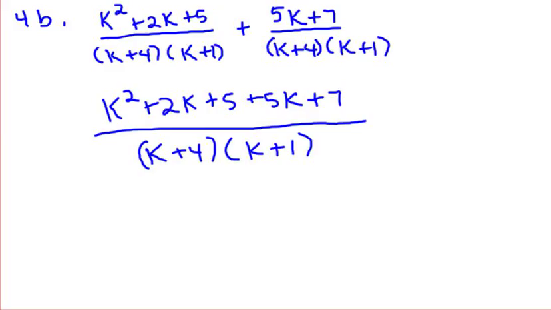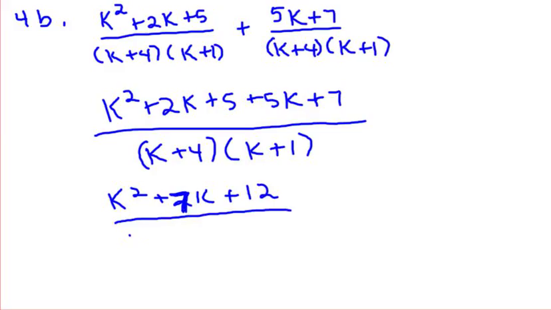So here I need to collect my like terms, which gives me k squared plus 2k. Whoops, that's 7k, isn't it? Sorry, I didn't miss a like term there. That's k squared plus 7k. It came from 2k plus 5k, plus 5 and 7 is 12, over my common denominator of k plus 4 times k plus 1.